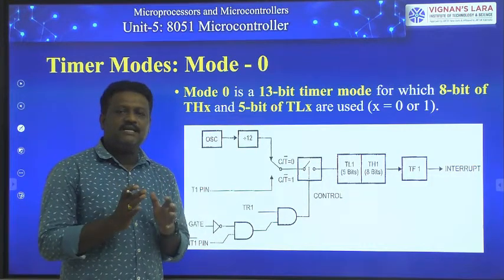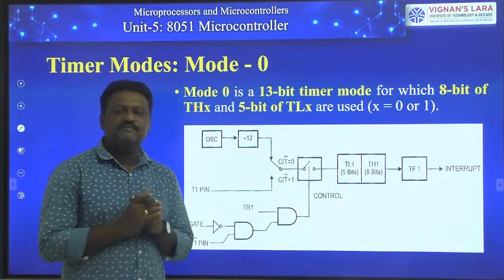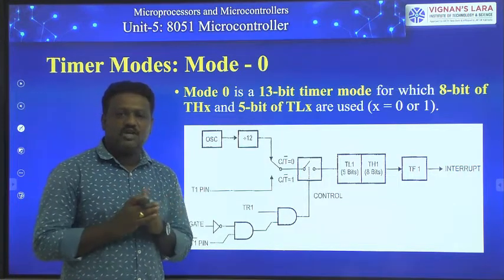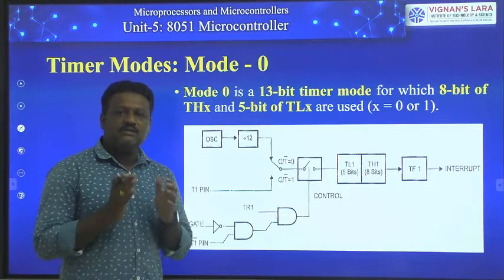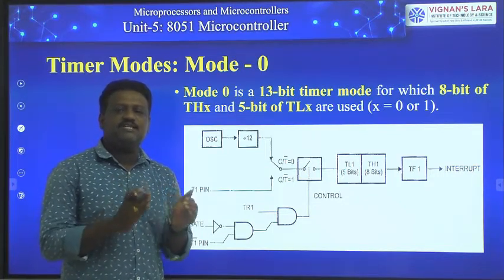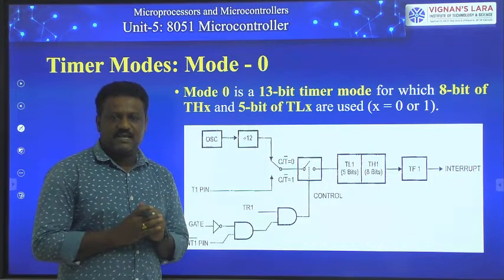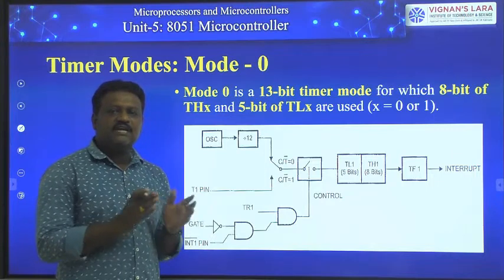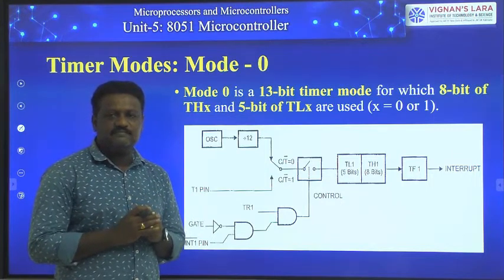In order to start the operation of a timer, that means for a timer to start counting input clock pulses, the corresponding timer run bit must be set to 1. The timer run bits are present in the timer control register TCON.